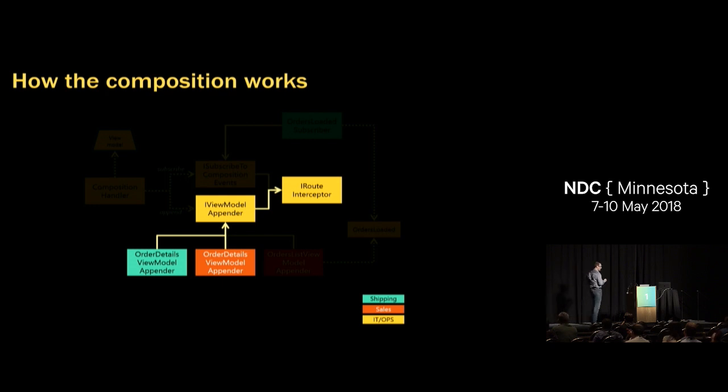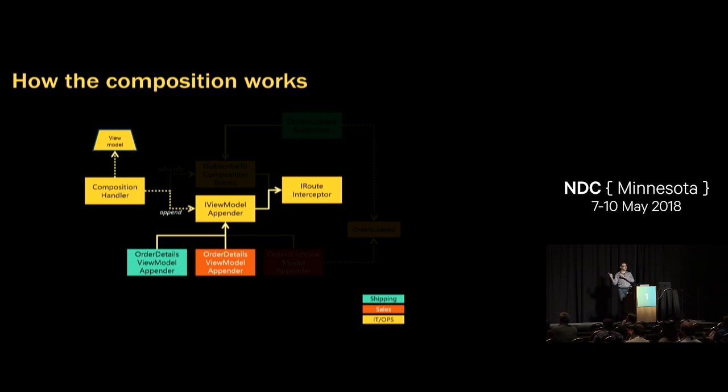And then what is the magic that they do? Ultimately, they turn around and update a view model. So let's take a look at their code and how they actually do that work.